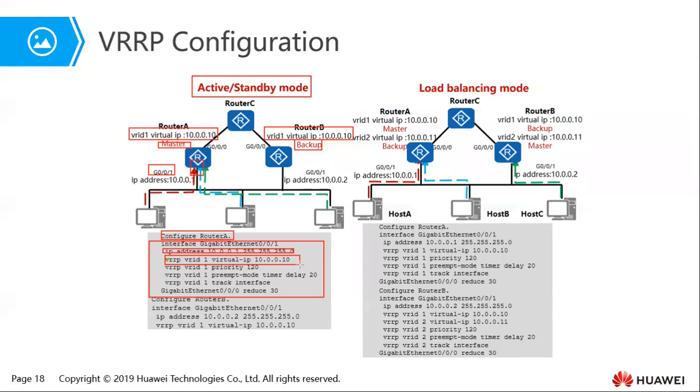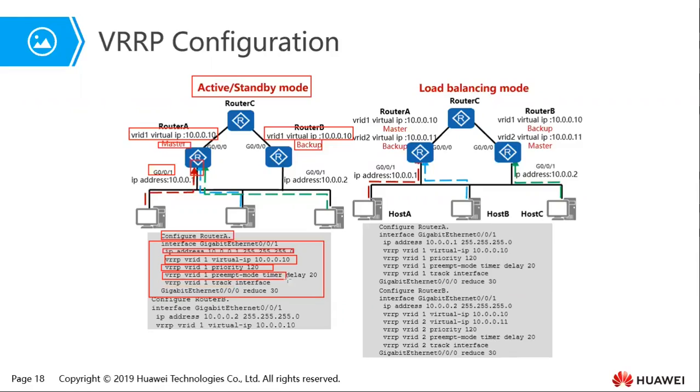We use the command VRRP VRID 1, meaning that it's group 1. Then we assign it a virtual IP address. Then, because we want this router to be the master, we configure it with a VRRP priority higher than 100, which is the default. So we configure this with 120.